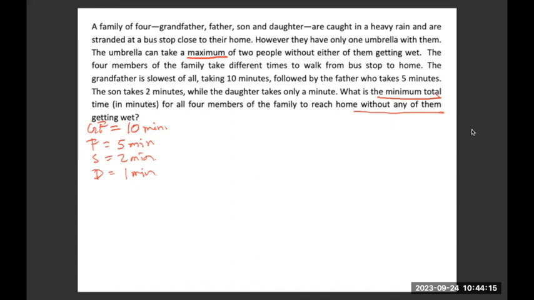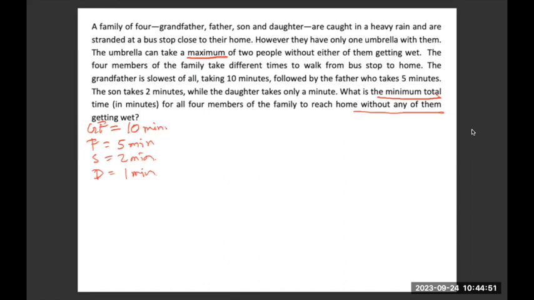Sanchi, Twisha, wrong answer. Ashvi, correct answer. Adya, wrong answer. Rishabh, Twisha, wrong answer. Manya, wrong answer. Kavya, wrong answer.